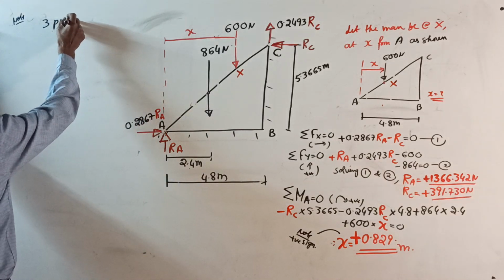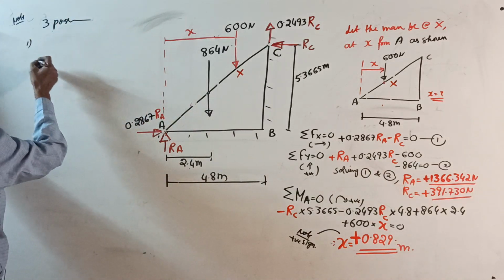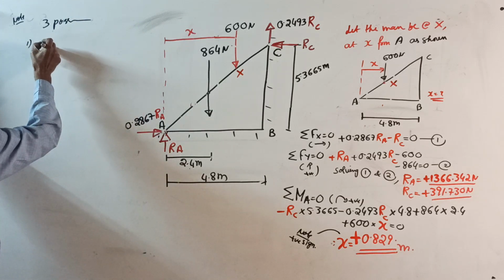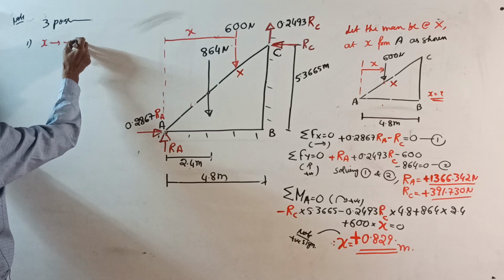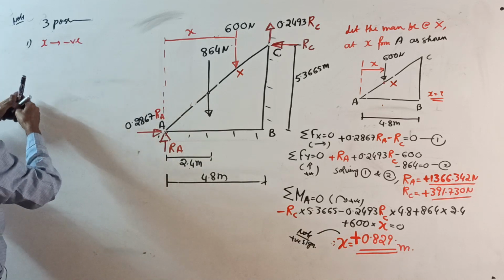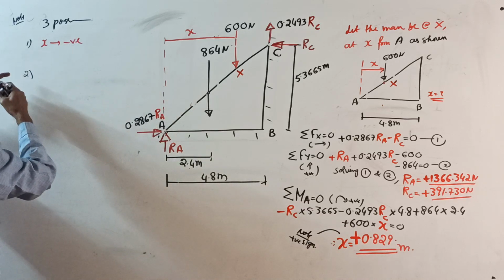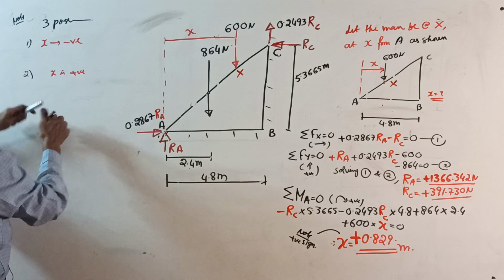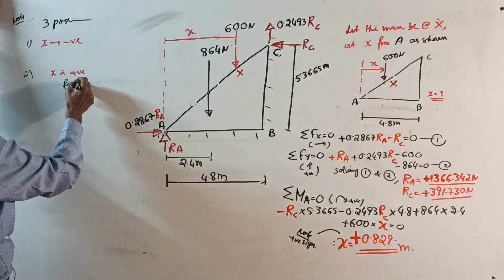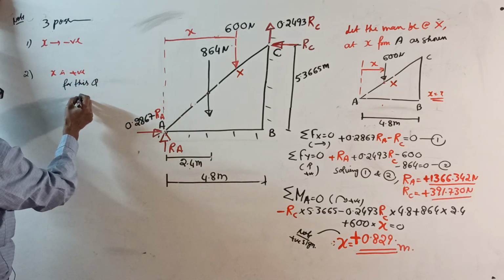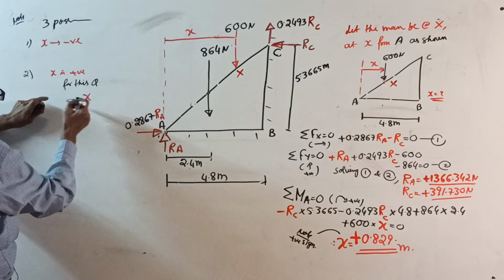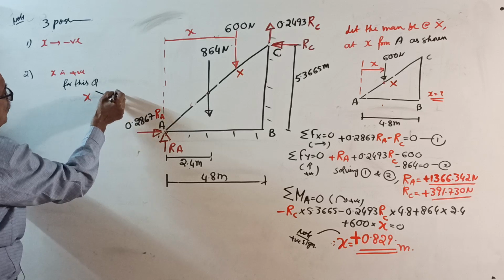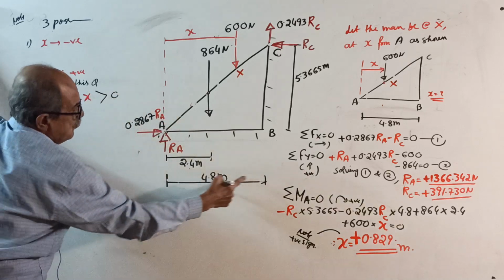There are 3 possibilities. Possibility 1 is, x is negative. Possibility 2 is x is positive, and for this question x is more than 0 but less than 4.8.